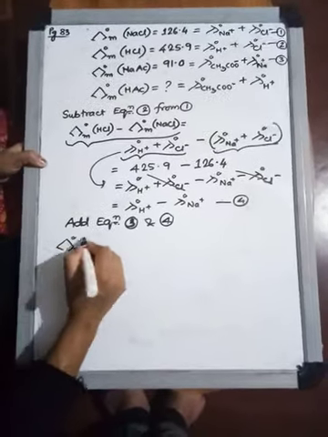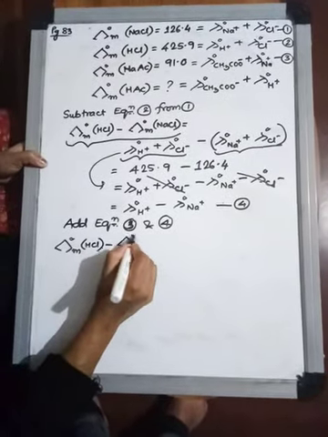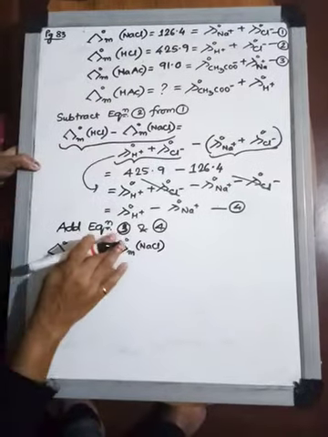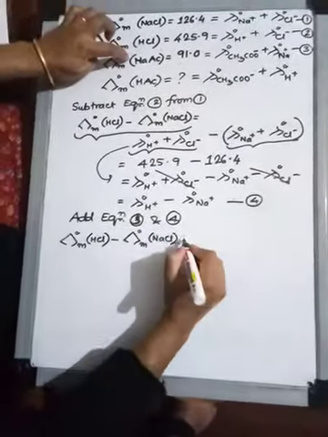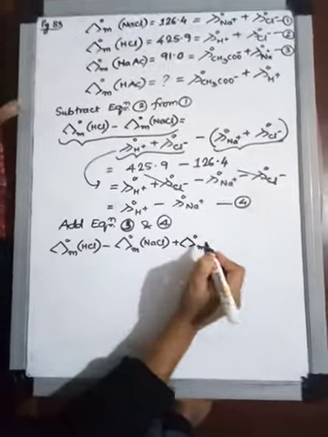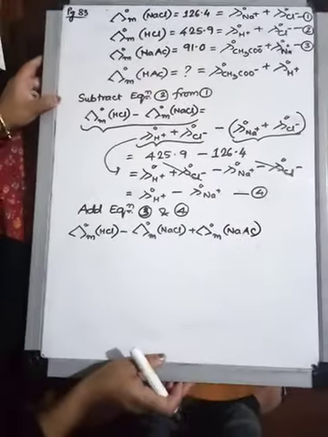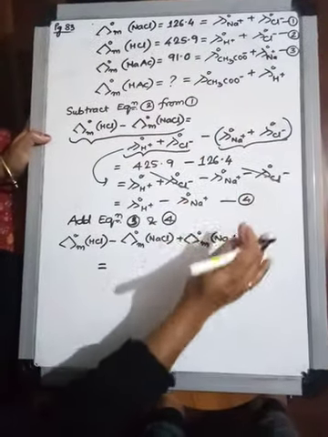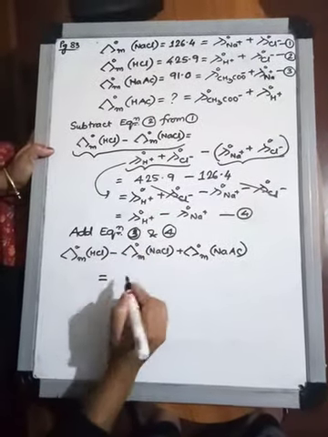Lambda 0 M HCl minus lambda 0 M NaCl. This is our equation 4. So we are adding this one, plus lambda 0 M NaAC, is what we have on our left side. What is the right side of equation 3? Equation 4, we have written this first, so let us write this only.